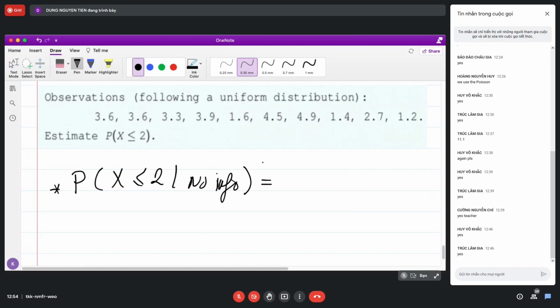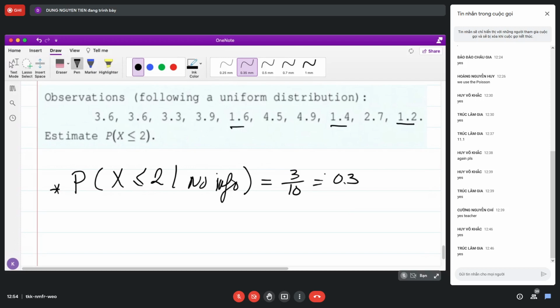What is the empirical distribution at the value 2? You count the number of observations less than or equal to 2, you get 1.2, 1.4, 1.6, that's all. So you get 3 over 10, and that is 30%. Okay?